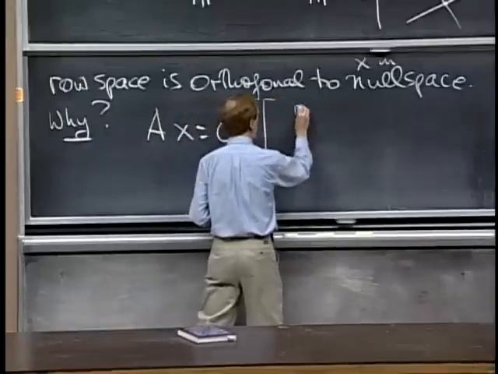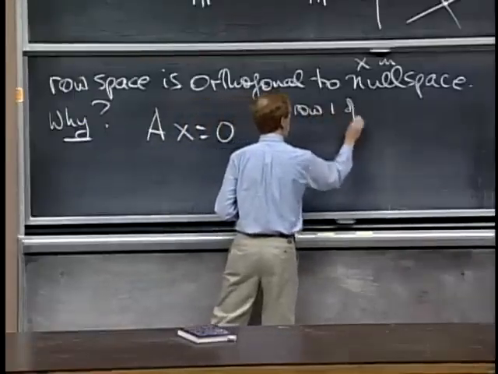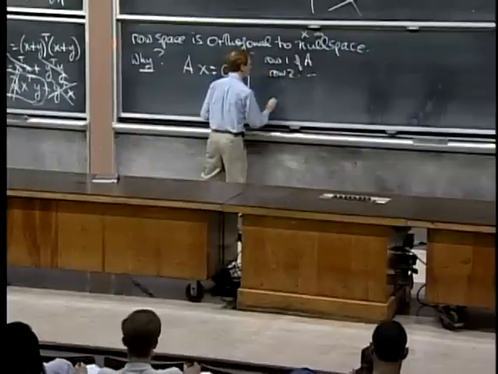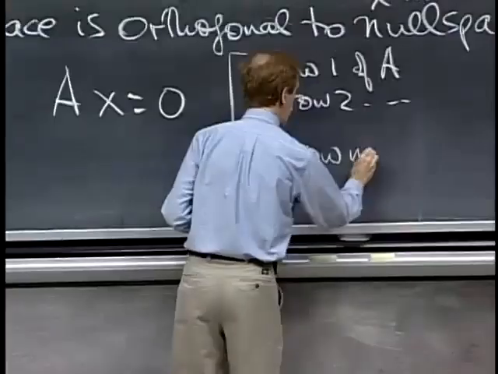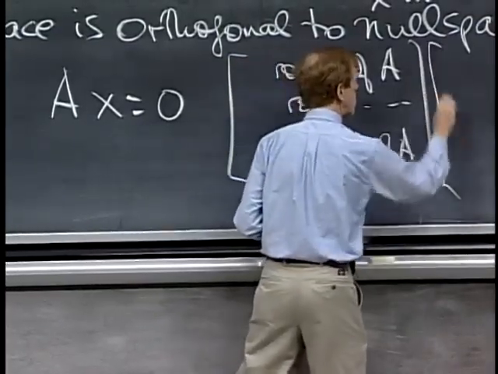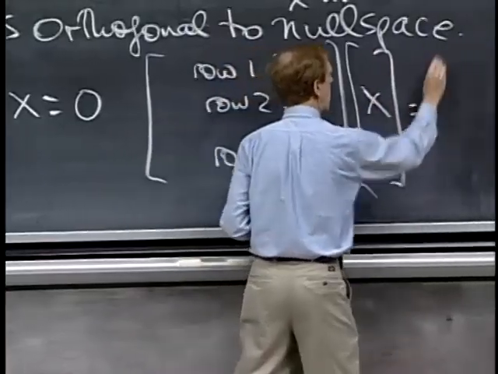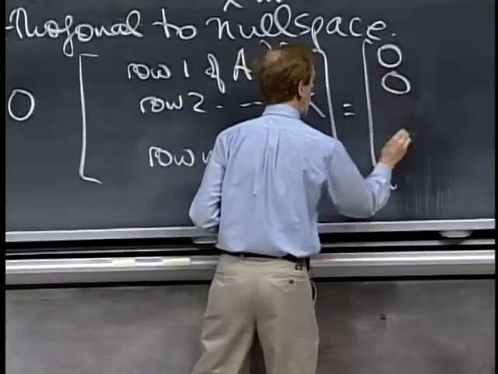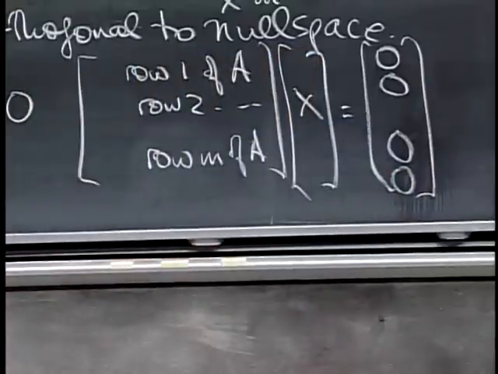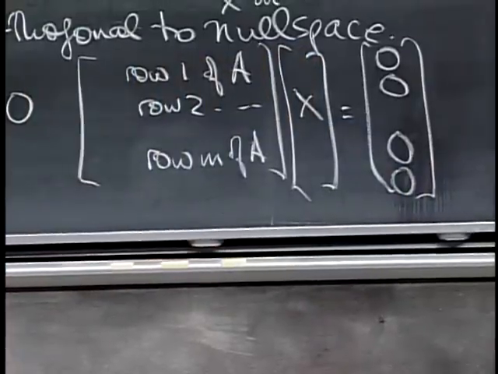There's row 1 of A, row 2, row m of A. That's A, and it's multiplying x, and it's producing 0. Written out that way, you'll see it.